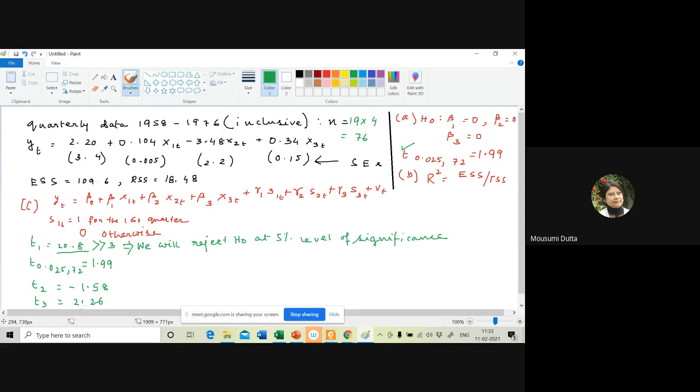So B part: calculate the coefficient of determination. Now, what is the coefficient of determination? It is the measure of goodness of fit, and therefore it is multiple R square, which is equal to ESS by TSS.